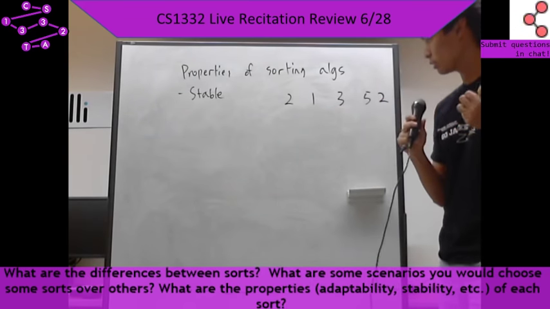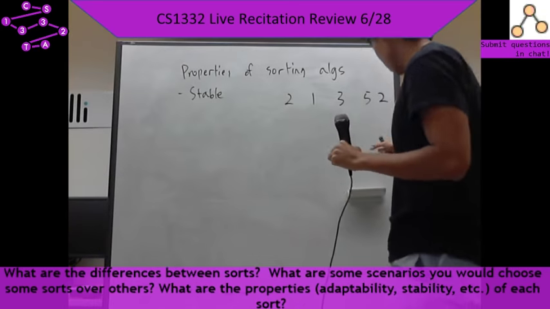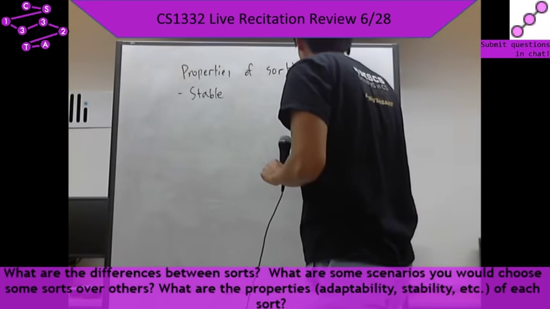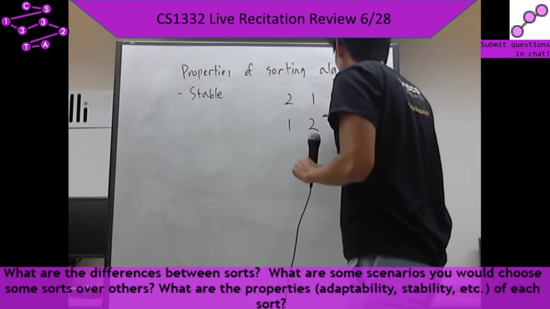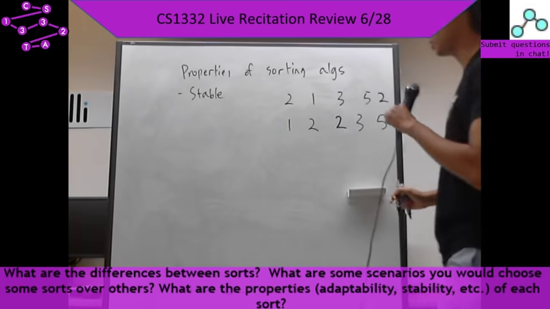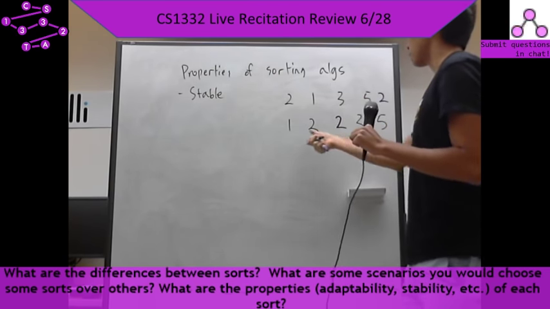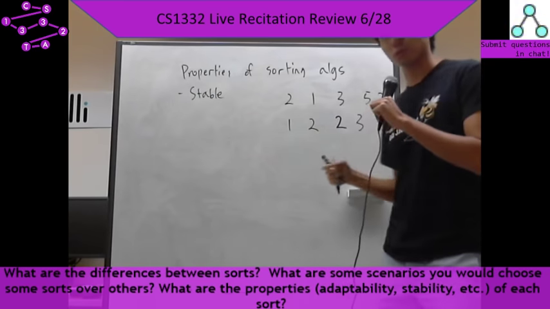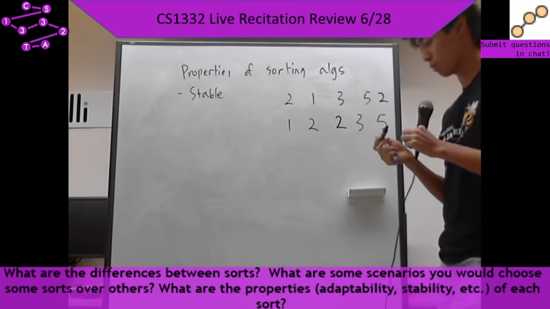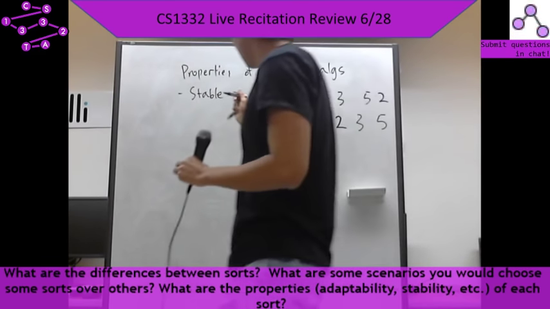So the relative ordering of duplicates should remain the same. So if I sort this, 2, 3, 5. You can see that the black 2 still comes before the purple 2. Okay, so that's stability.